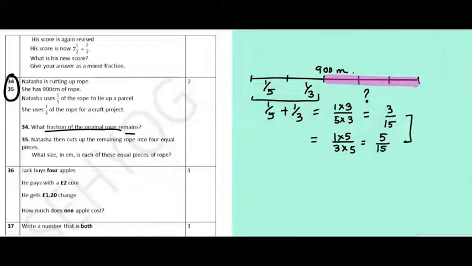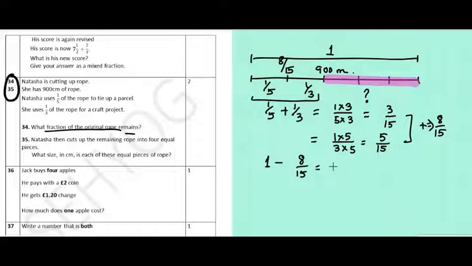And we add them to get 8/15. So this 8/15 portion is this portion which has already been used. So when we take any total in fractions, we take it as a 1. So out of 1, 8/15 portions are gone, which means 7/15 portions are left with us.